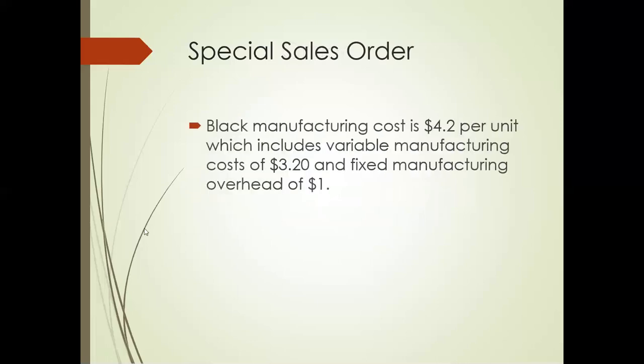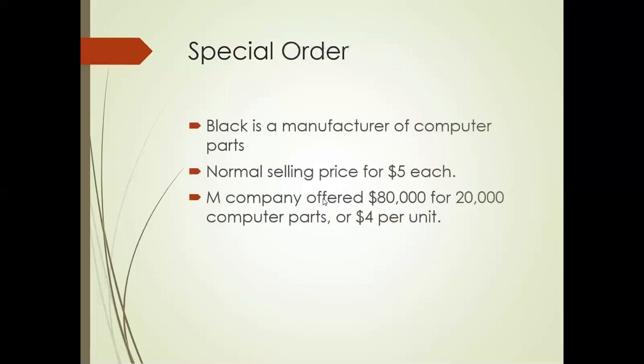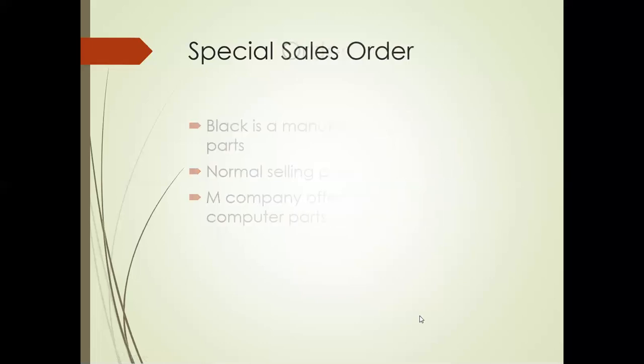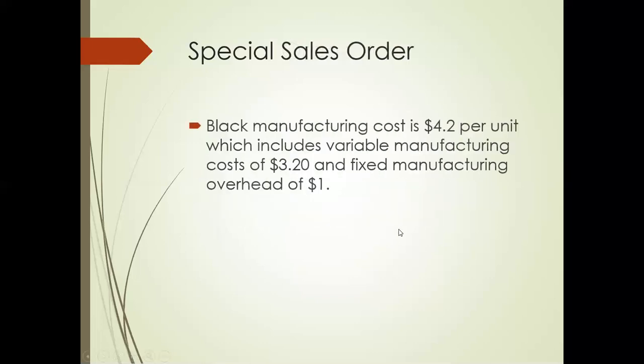Now this is the issue. Black's manufacturing cost is 4.2. Students, keep it in mind that the manufacturing cost is 4.2 and Black is selling at 5. It means that Black, in his mind, thinks he is getting a profit of 0.8. But 4.2 is the total cost per unit.